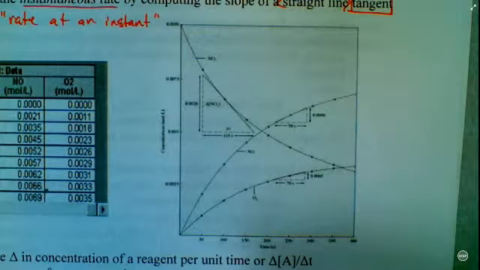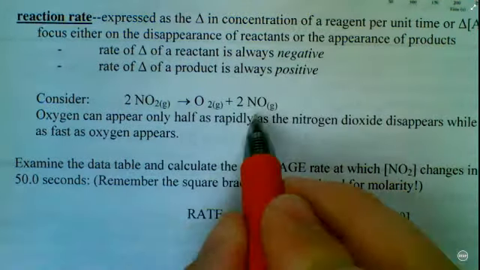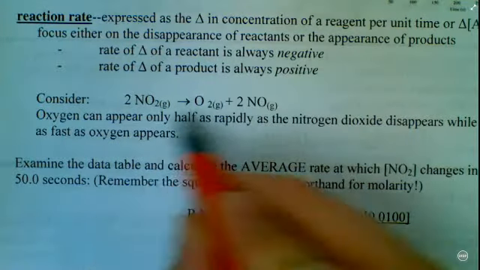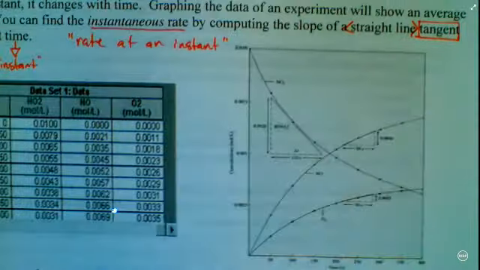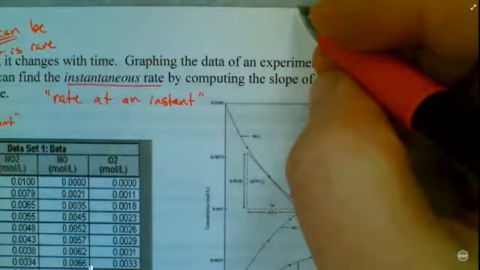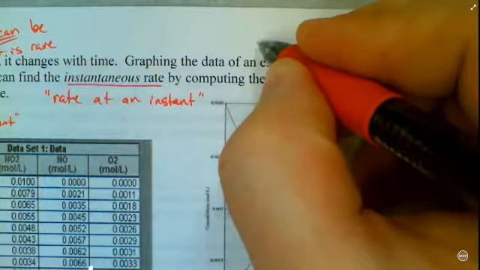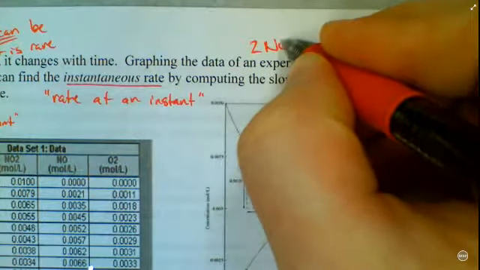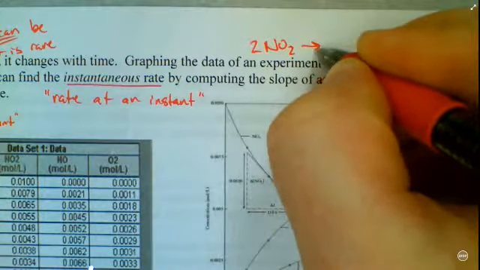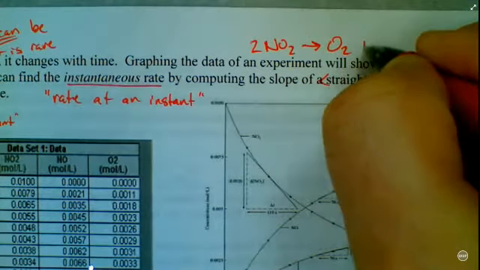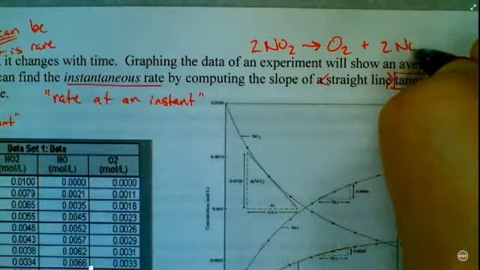By the way, this is the reaction that we're using, so I'll write this again up here: 2 NO2 reacts to form O2 plus 2 NO.